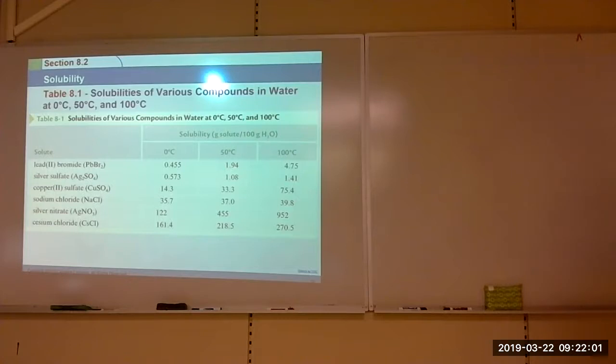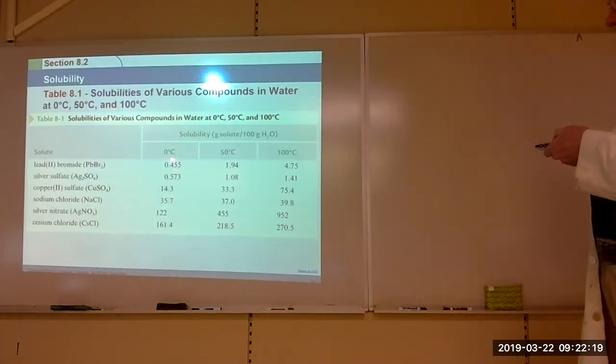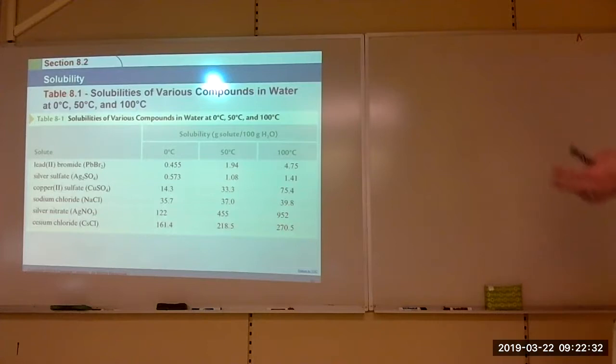So that just means if you have 100 grams of water to start with, then you should be able to dissolve that much lead(II) bromide at 50 degrees centigrade in 100 grams of water. Okay? And it looks like as the temperature increases, we get increased solubility. Let's see if there's one in here that goes the other direction. Okay, there we go. No, all of these are more soluble as the temperature increases.